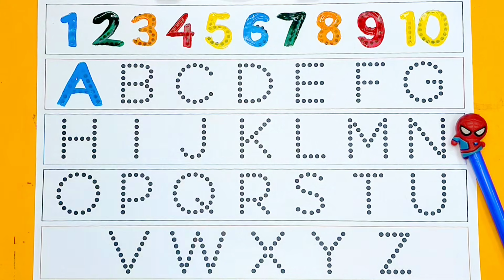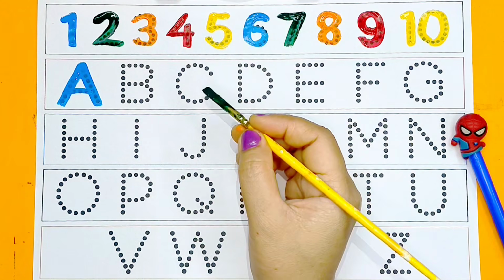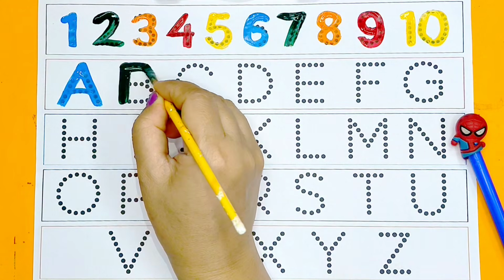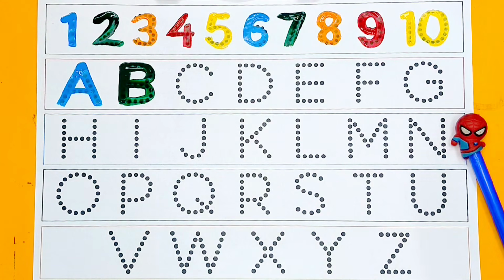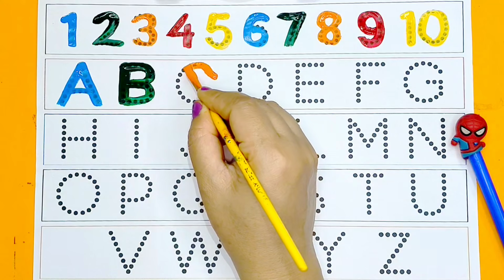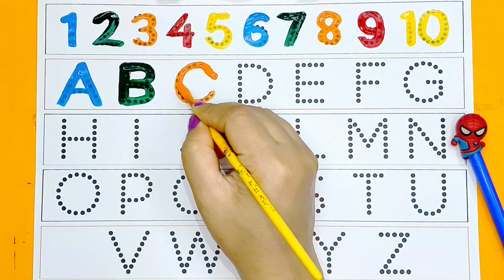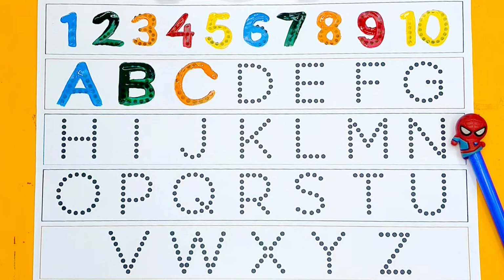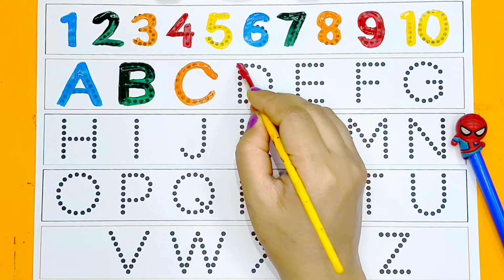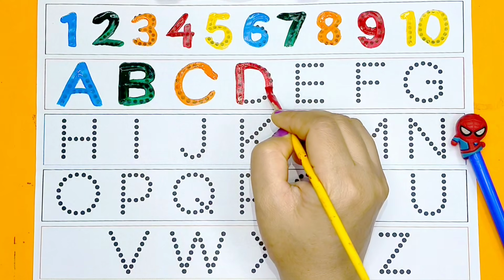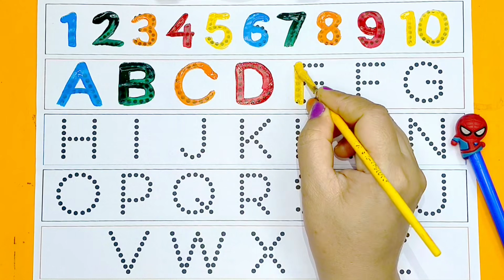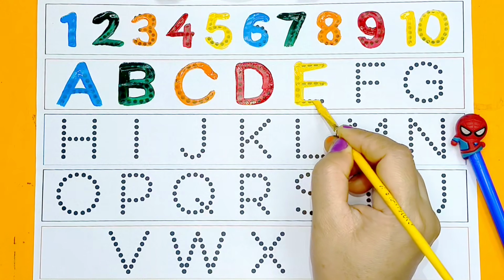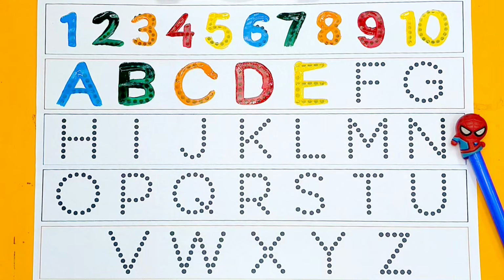A. A for alligator. B. B for butterfly. C. C for cow. D. D for dog. E. E for elephant.